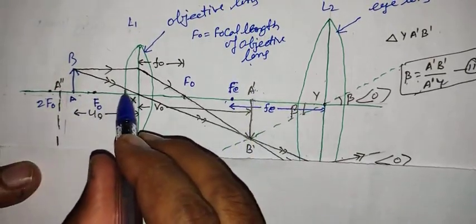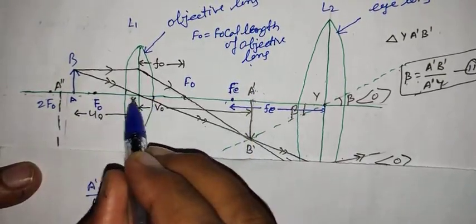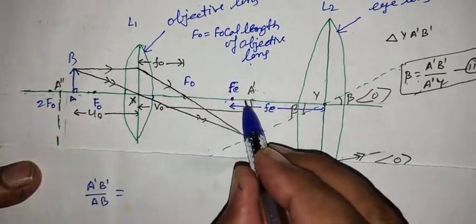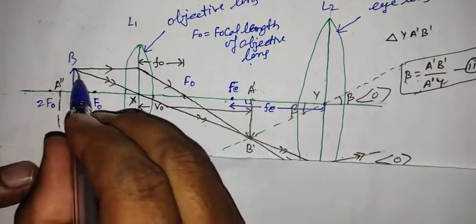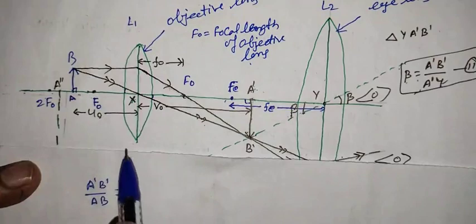Both are similar: the vertically opposite angles are equal, and both have 90 degrees, so the remaining angles will be equal.